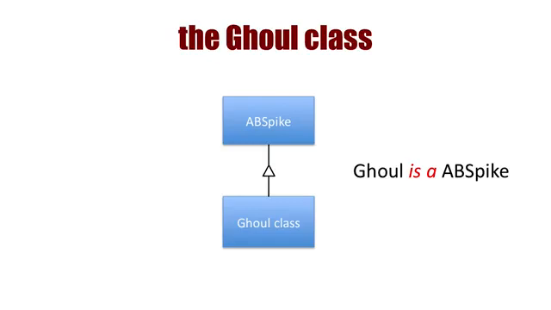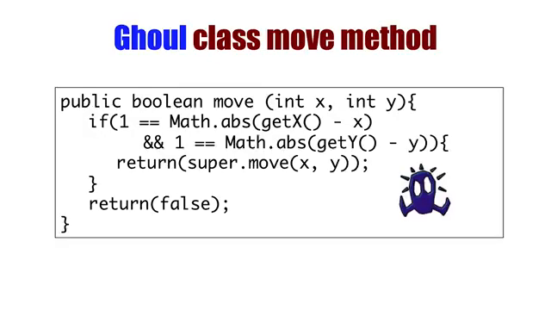Secondly, note that when we wrote the move method for the Ghoul class, we called the move method from the AB Spike class using the keyword super. But how could we do this? Isn't the AB Spike move method written for AB Spike objects? It is, but because a Ghoul is an AB Spike, it can also call that method.